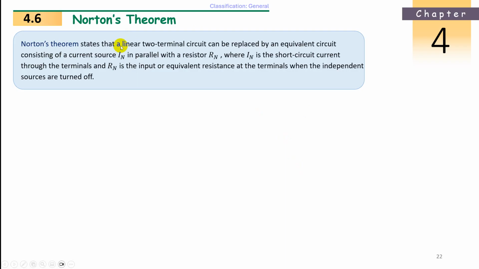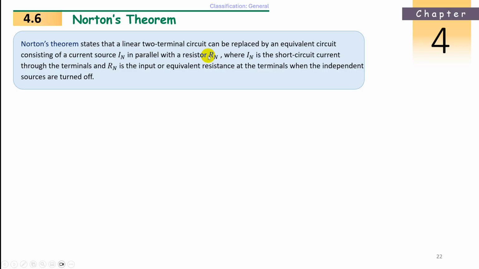Norton's theorem states that a linear two-terminal circuit can be replaced, same like Thevenin's theorem, by an equivalent circuit consisting of a current source IN in parallel with a resistance RN.